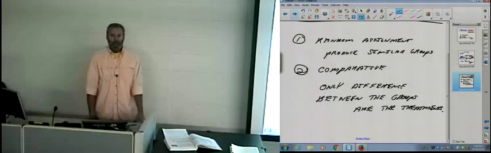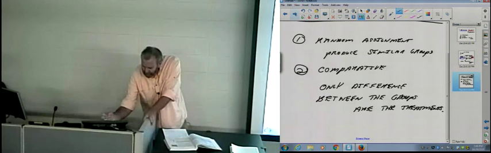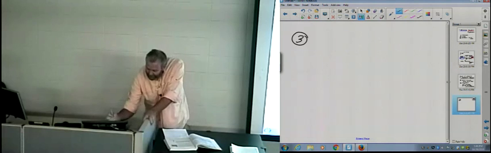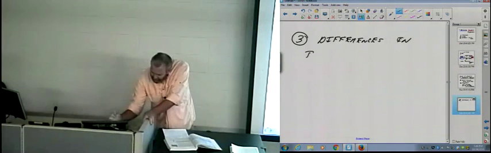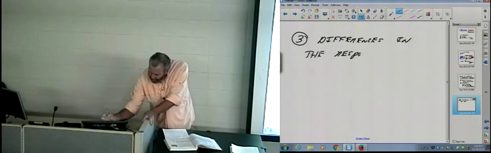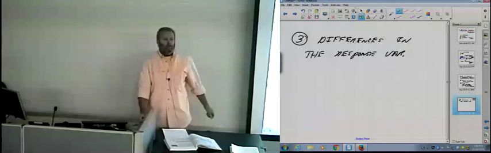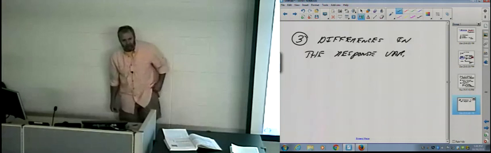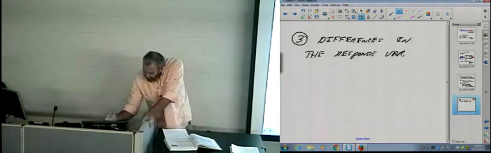Now there's a number 3 here, and number 3 is going to take a little thought. Number 3: differences in the response variable, where we compare at the end. When we start seeing differences in the response variable, they are due to one of two things.